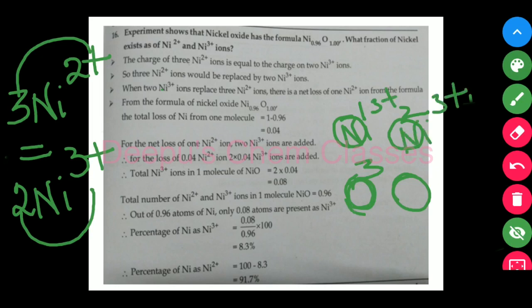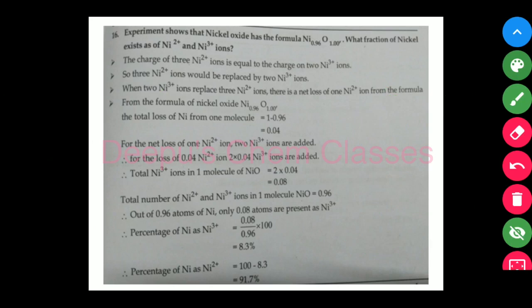Then what is the remaining site? One more site is empty, vacant. So in order to replace 3 Ni2+ ions by 2 Ni3+ ions, 1 Ni2+ ion is lost. So only 1 Ni2+ ion is lost.